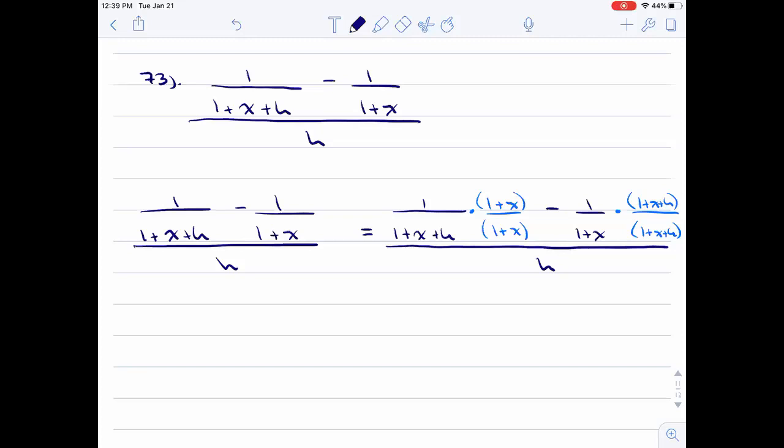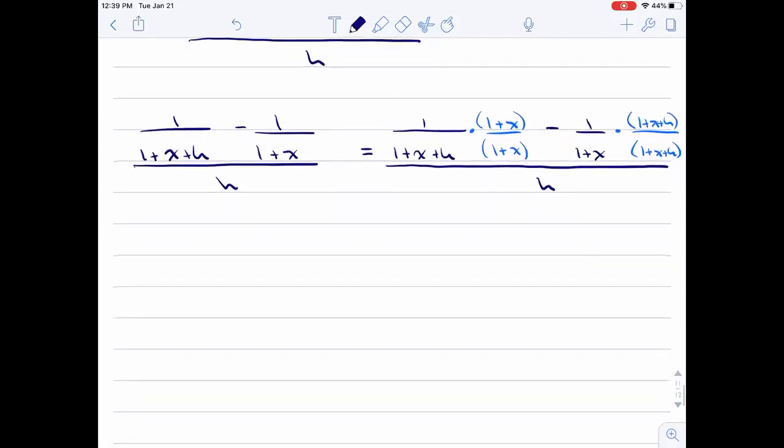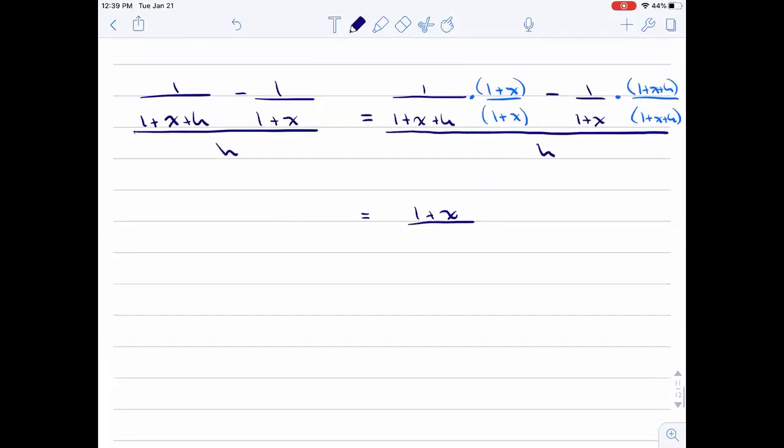Now I've got a fraction multiplied by a fraction and then subtracting a fraction. But what we'll find is that the denominator of these fractions is going to be the same, right? And so what I'm going to get is 1 plus x over, and then I'm going to rewrite the denominator so it's in the same order so that I can see that they're common.